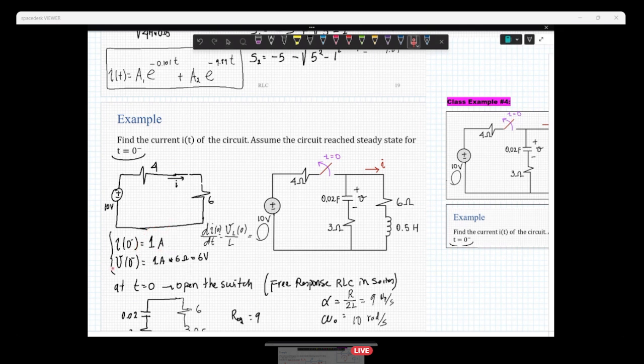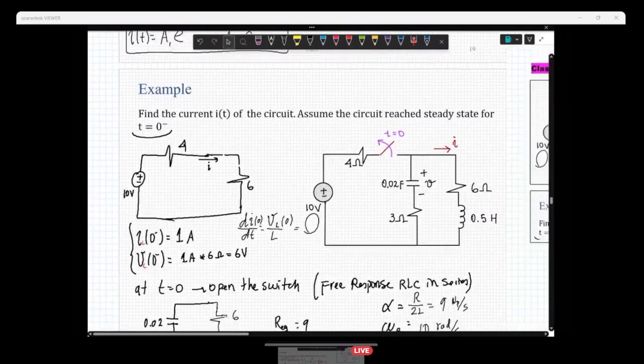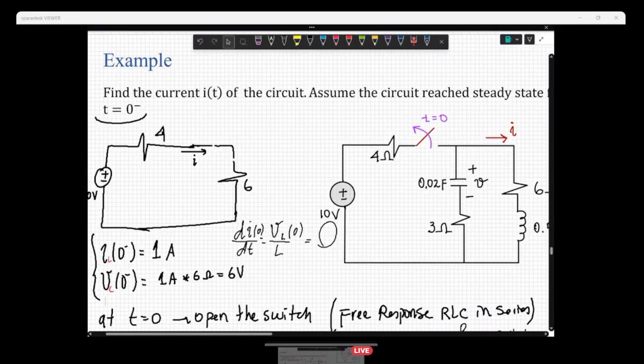And then for the v0 minus, which would have been, wait, why did she not write that? This is iL(0-). The vC(0-) would be, where's the switch?